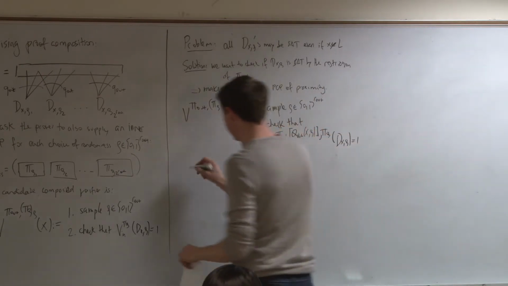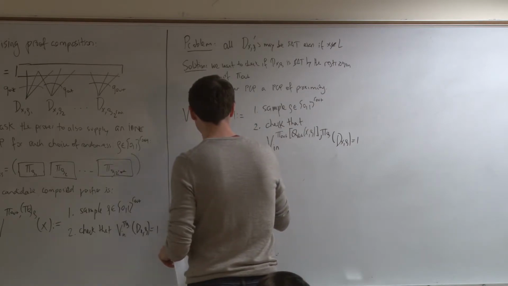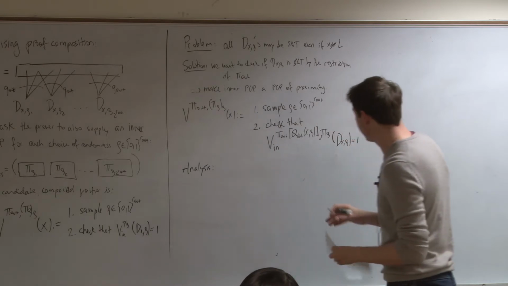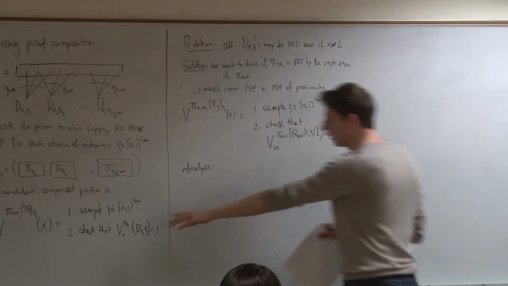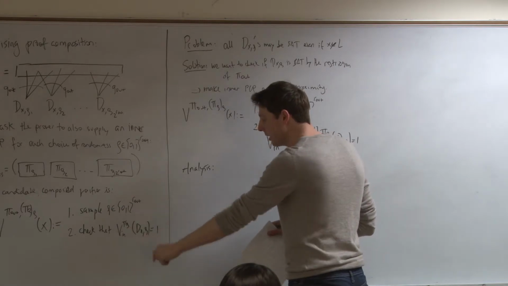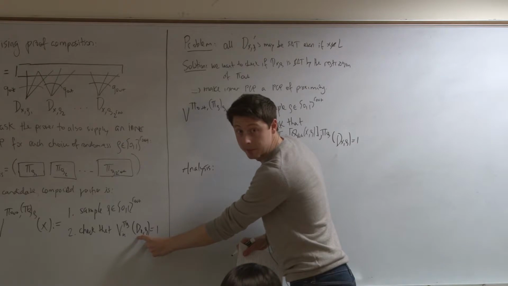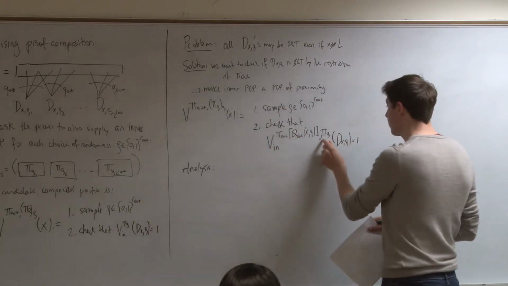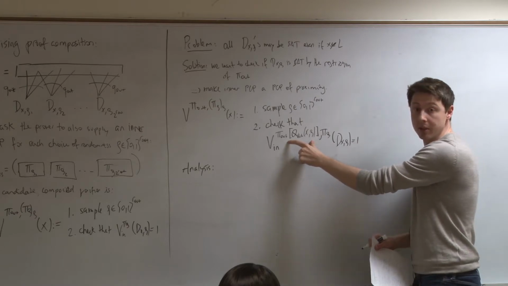Okay, so analysis. Also notice that each proof pi rho here, while before pi rho was created to convince me that this circuit is satisfiable by some assignment, now this proof is specialized for this particular witness.